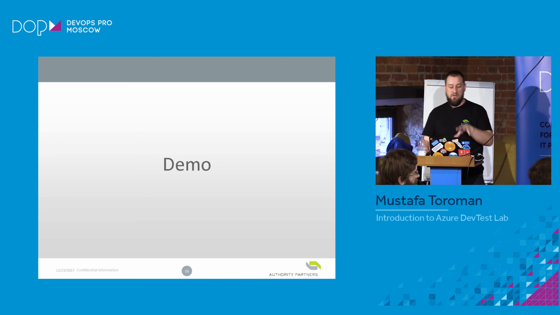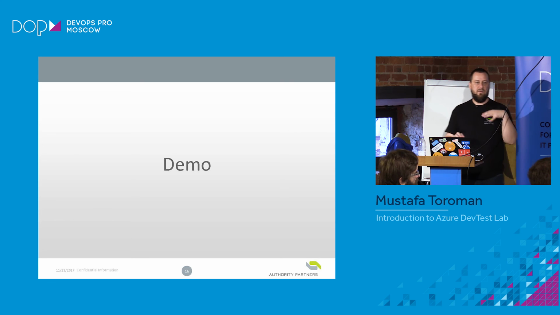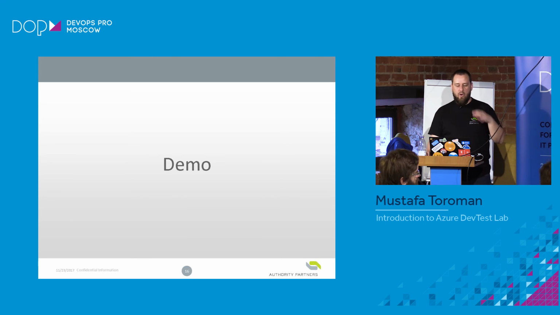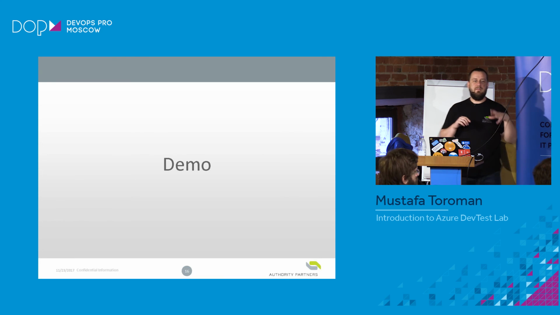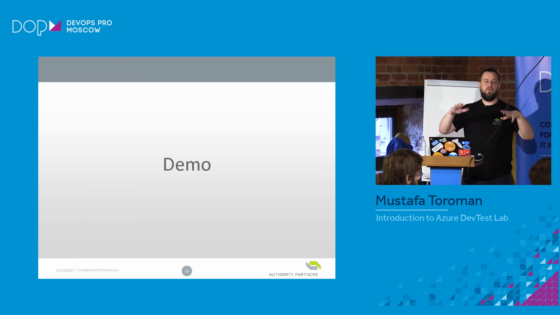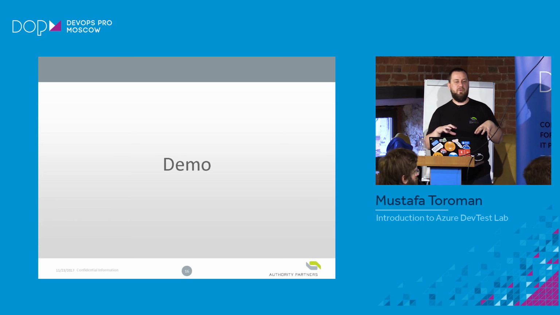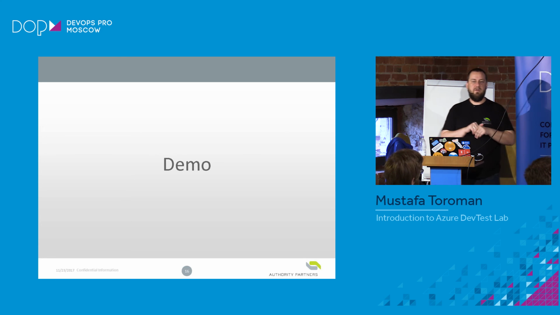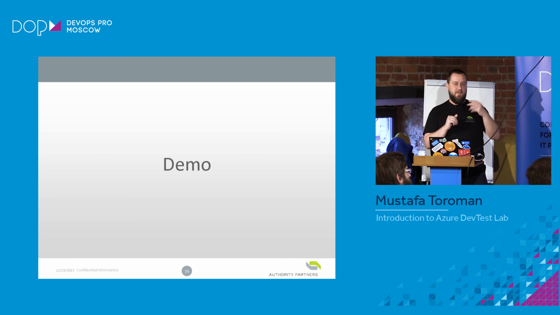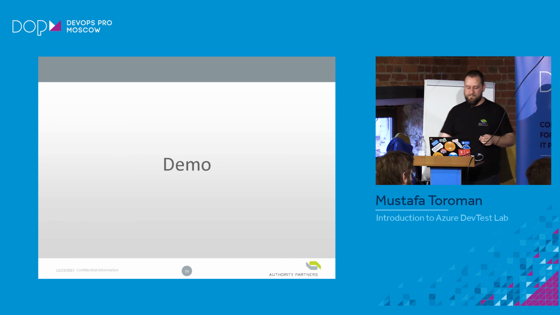If we assign a new user as a reader, the only thing they'll be able to do is claim existing virtual machines that someone already pre-created. If we give them a contributor role, they're going to be able to create new virtual machines.